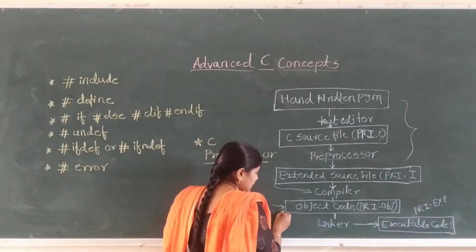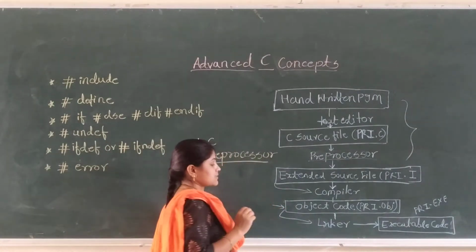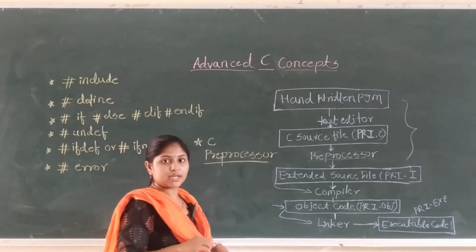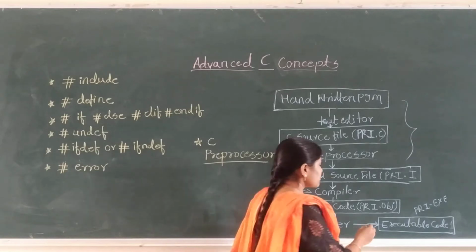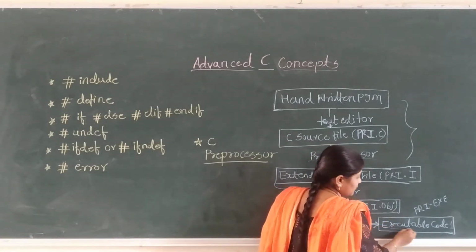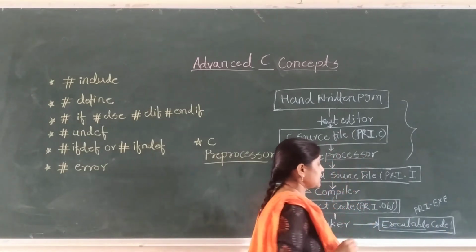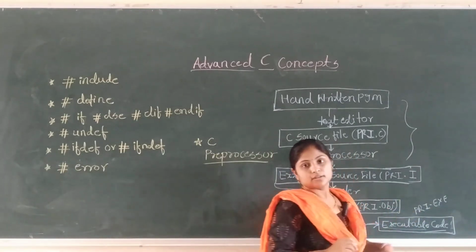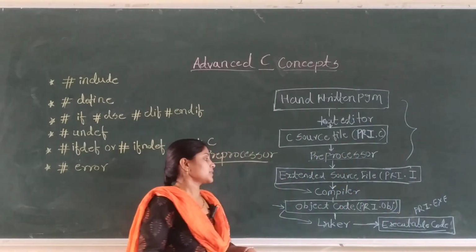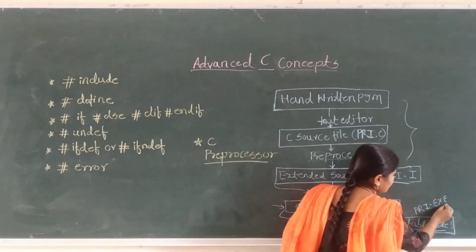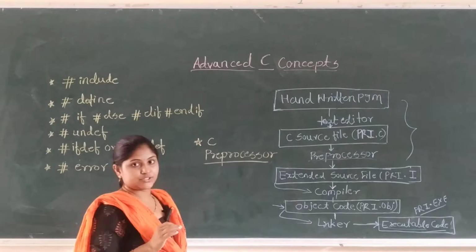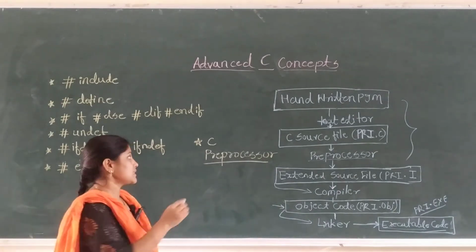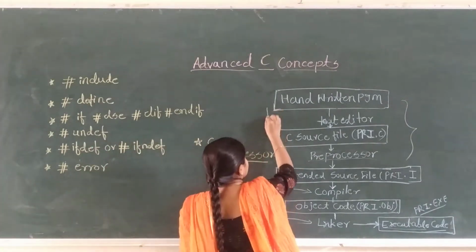This object file goes next to the linker. The linker works on the object file and gives the output in the form of executable code, that is our final output, in the form of a .exe extension. This is all about the preprocessor.